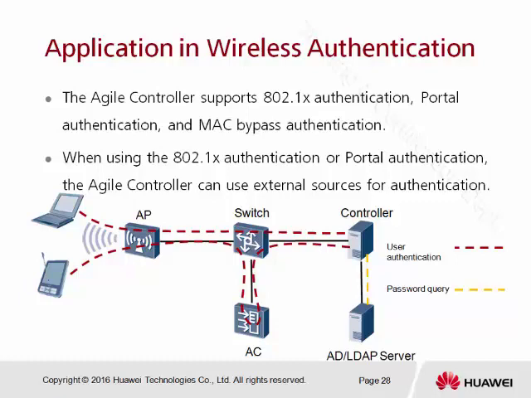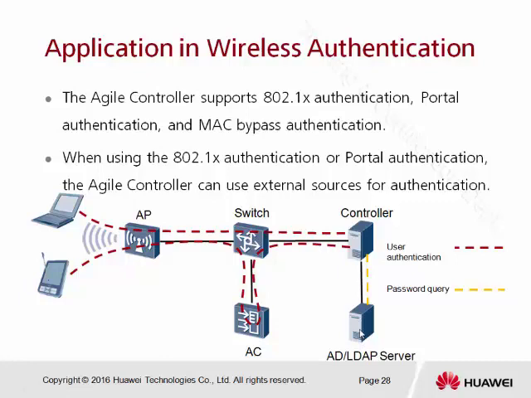If I select the direct forwarding mode, the first line you can see on the top here belongs to the direct forwarding mode. So the user data will directly forward to the Agile controller. And the Agile controller will redirect this information to the AD and let the AD do the authentication.